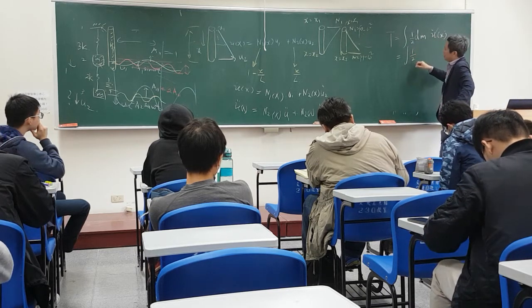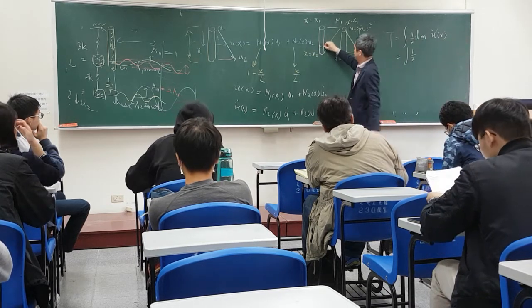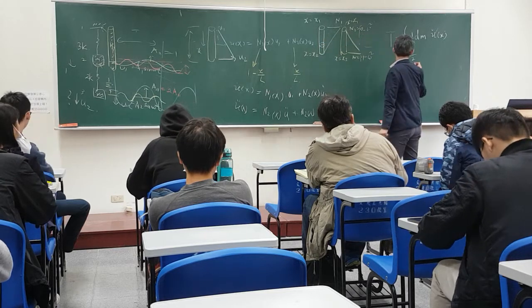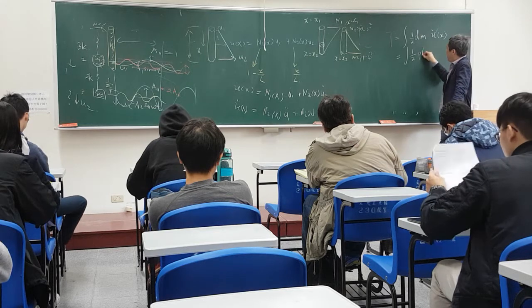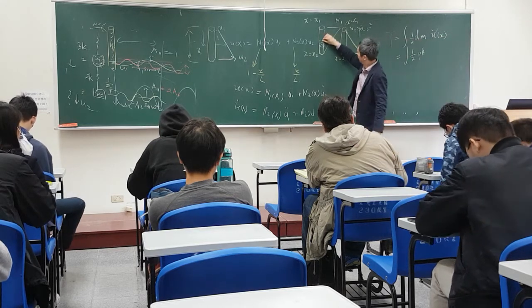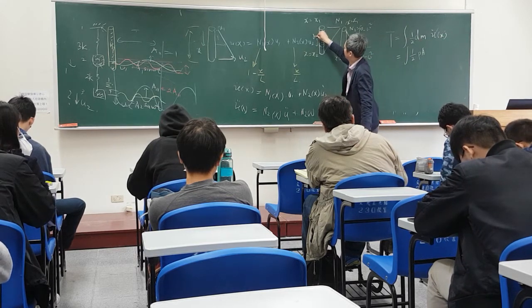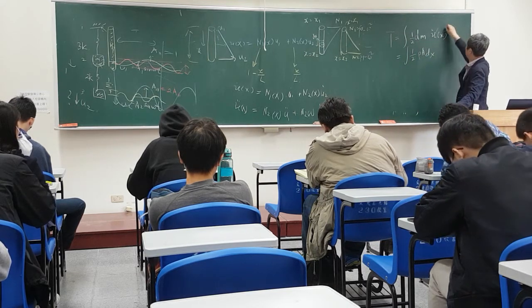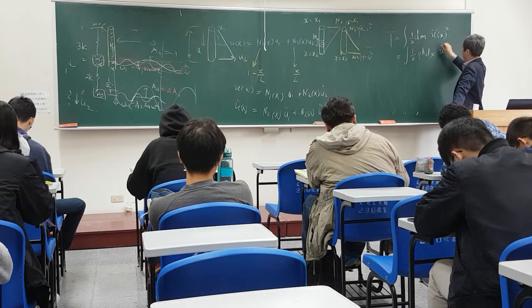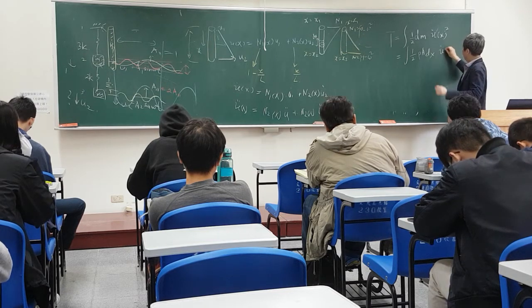Your dm is rho A dx, times the velocity squared.